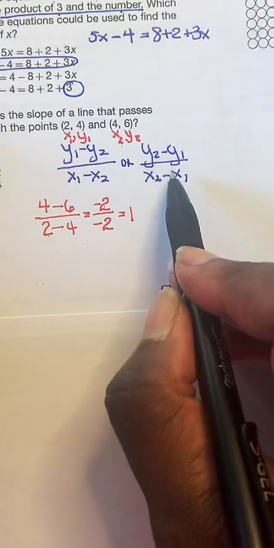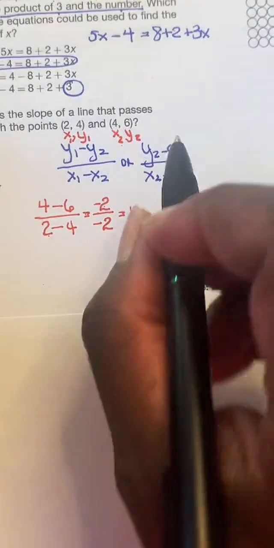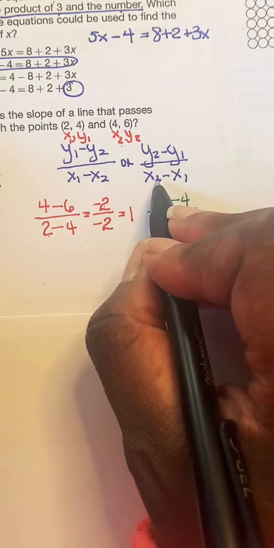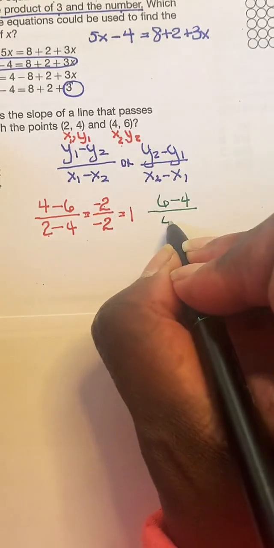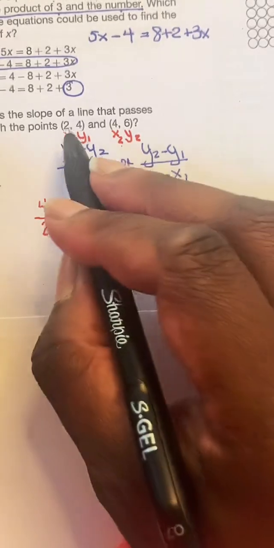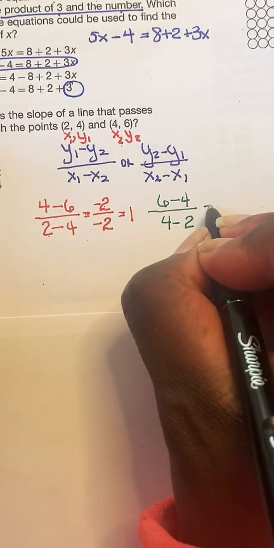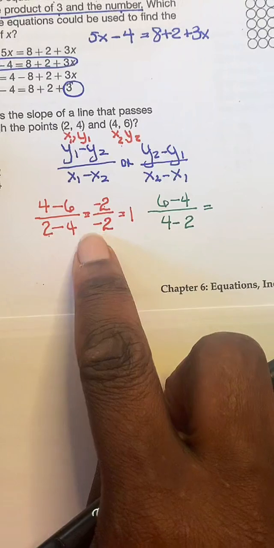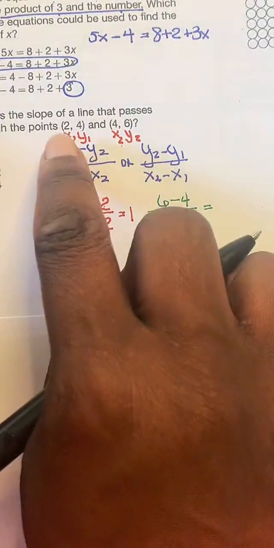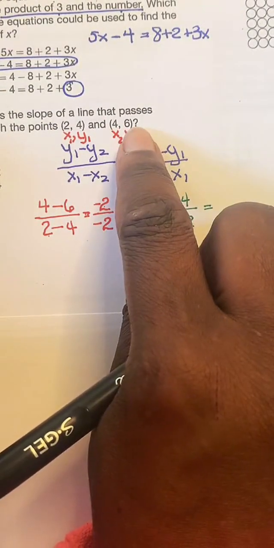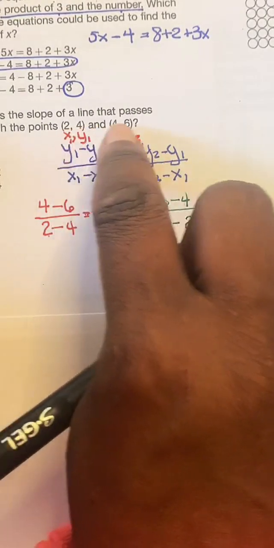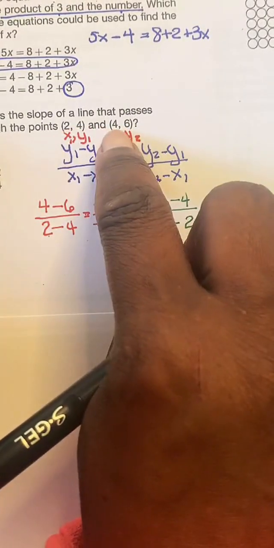So what happens if I do it the traditional way? We have our y2, which is 6, minus my y1, which is 4, over my x sub 2, which is 4, minus my x sub 1, which is 2. The reason I like this way better is that I read from left to right, so I can go y to y, x to x.